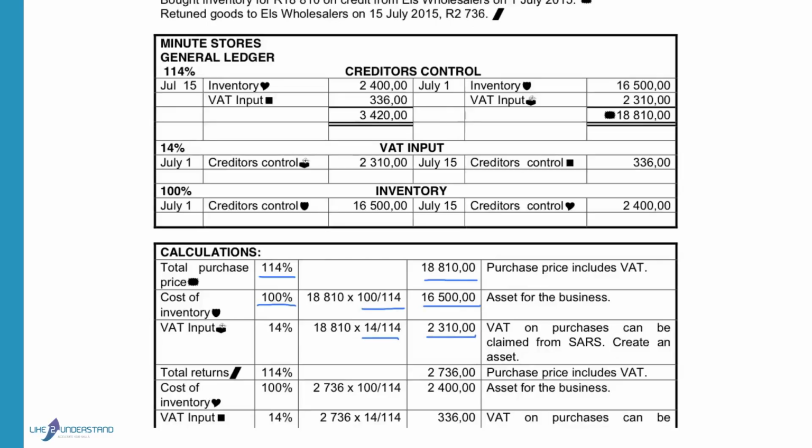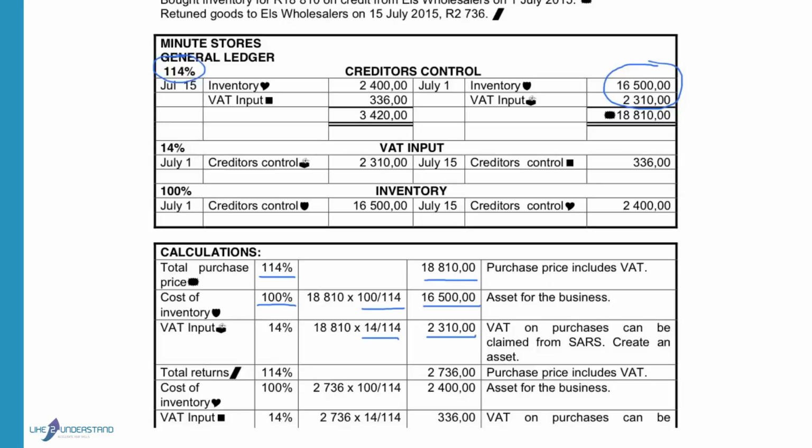This 2,310 will not form part of the cost price of the inventory because this money can be claimed back from SARS. So when we record this in the ledger, we will credit our creditors control with the total amount that's owed to the creditors, and this will then be a 114% account because it includes the cost price plus the VAT.